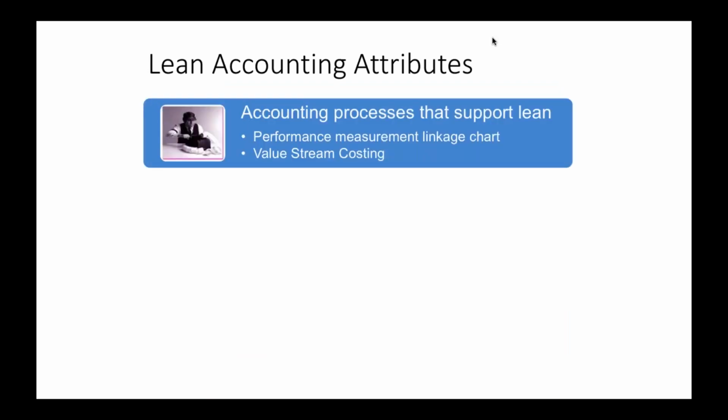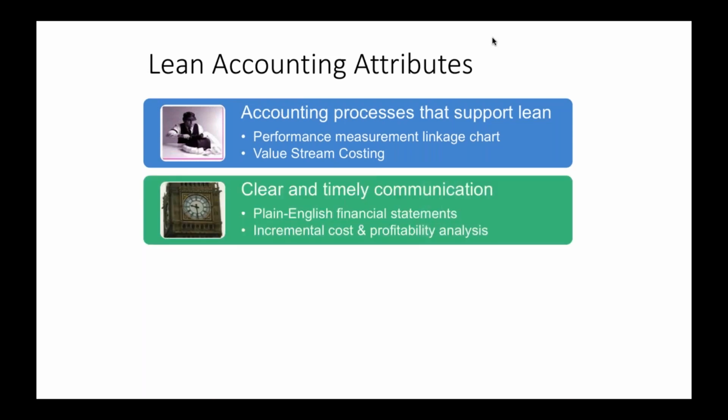So the attributes of a lean accounting system. One is that we want our accounting processes to support the lean business strategy: performance measurements, value stream costing, and such. Secondly, we want to provide clear and timely communication, what we like to call plain English financial statements.